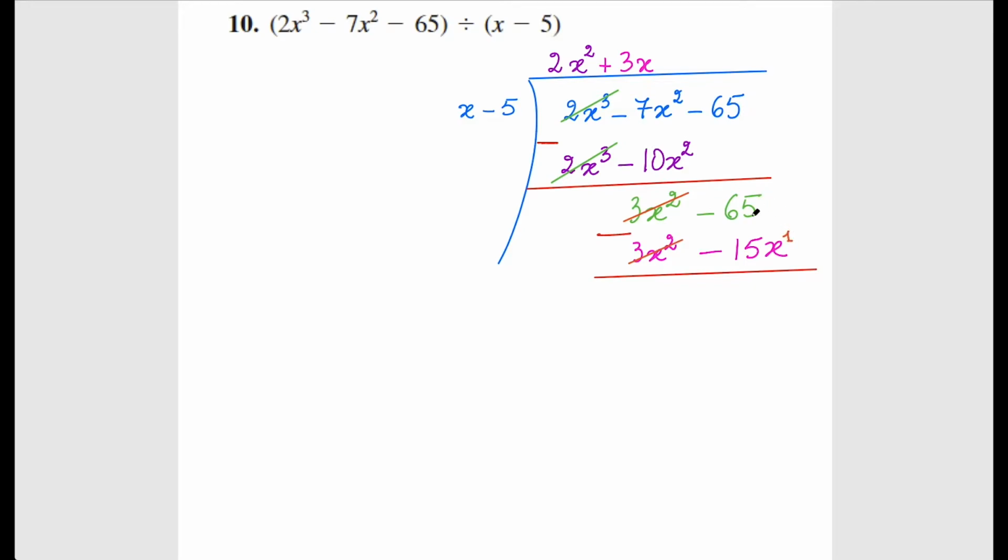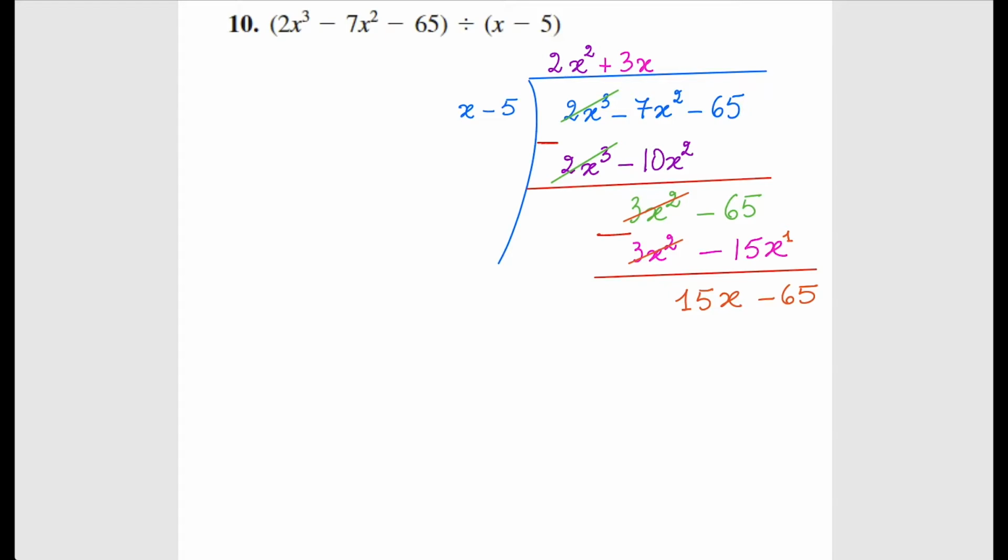I don't have an x term upstairs, so it's technically 0x upstairs. So 0x, minus the minus, so this is a plus 15x, right? And the constant, I don't have a constant here, so it's gonna be by itself, minus 65.